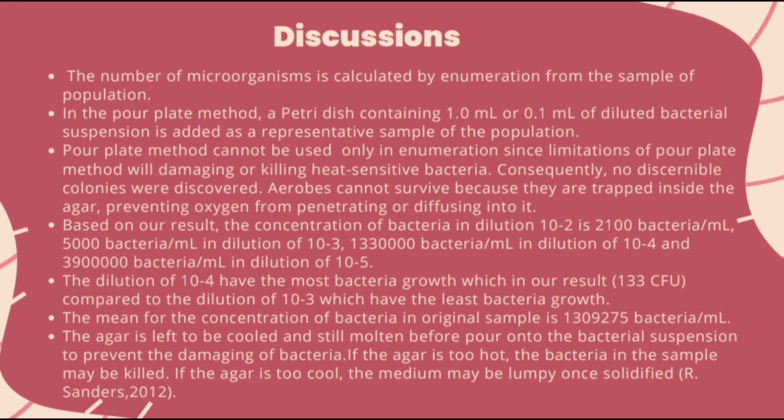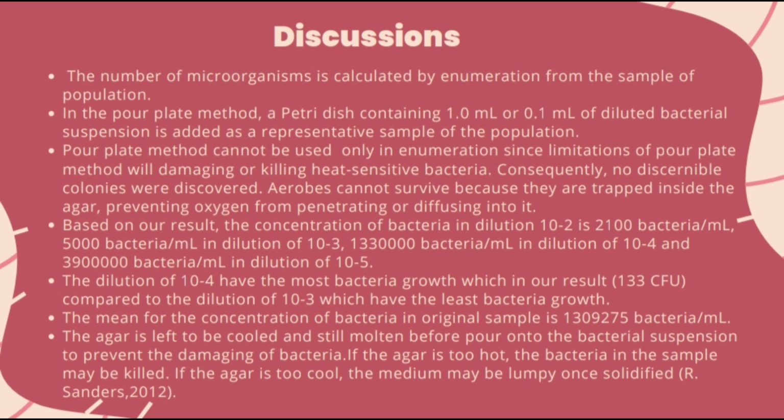The pour plate method cannot be used for all enumeration, since a limitation is that it may damage or kill heat-sensitive bacteria. Consequently, no discernible colonies were discovered. Aerobes cannot survive because they are trapped inside the agar, preventing oxygen from penetrating or diffusing into it.